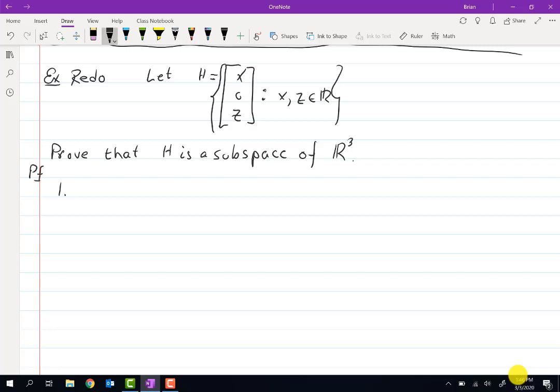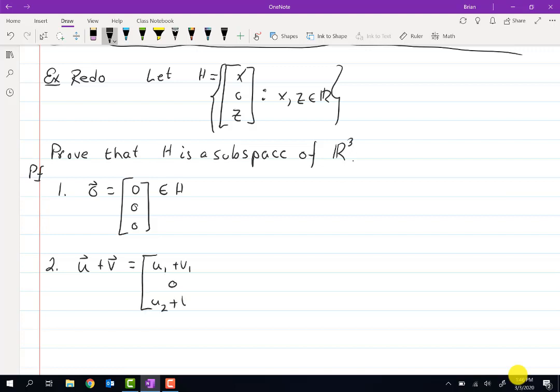For part 1, the zero vector. Well, we talked about that last time, 0, 0, 0. And since that second component is a 0, we know that that item is in H. If I have 2 vectors, so if I take U plus V, we saw from the previous example, that's U1 plus V1, 0, U2 plus V2.